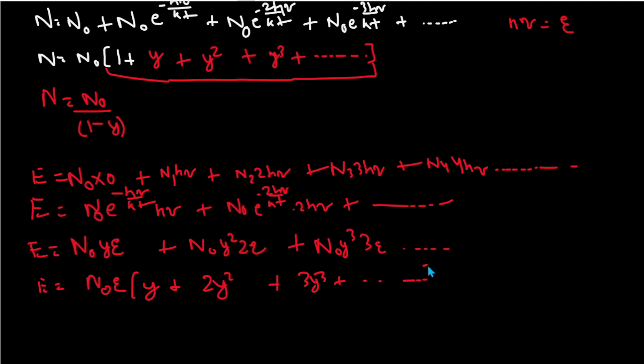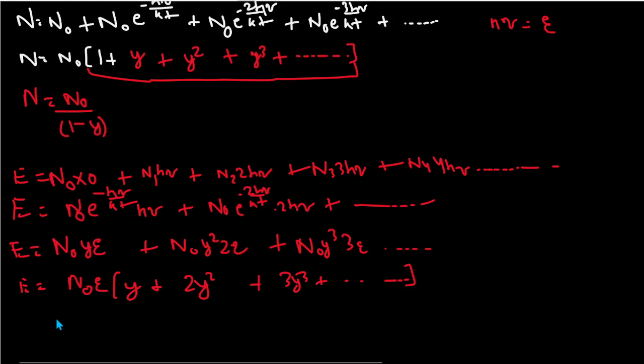If you remember, this series can be written in a compact manner: total energy is equal to n naught epsilon y divided by 1 minus y whole square.